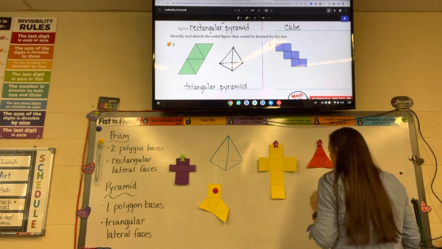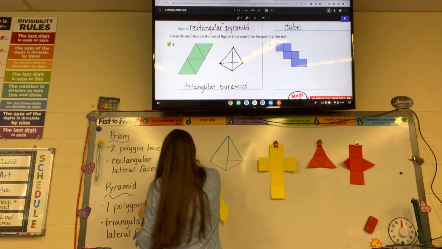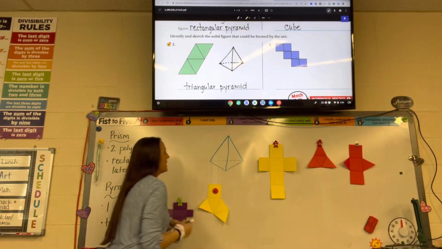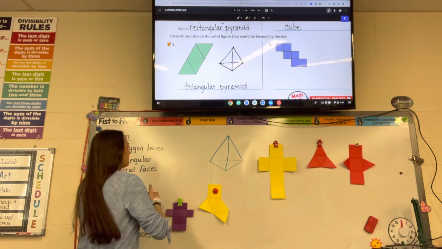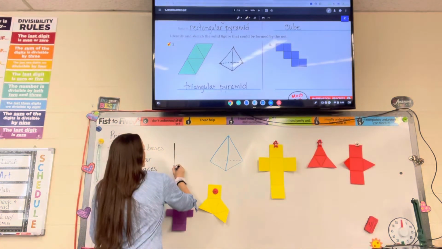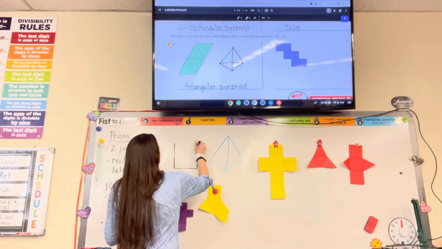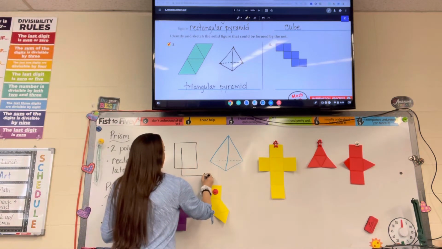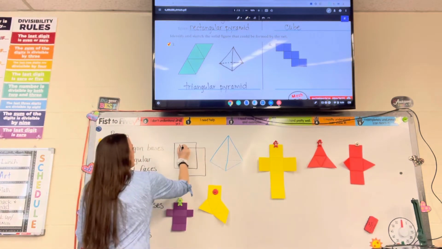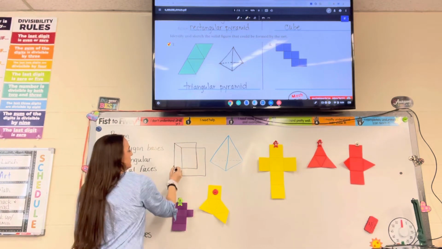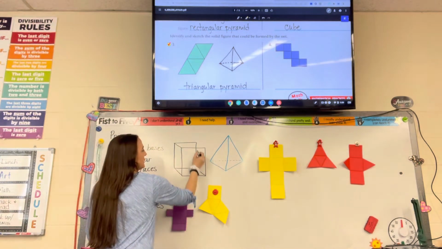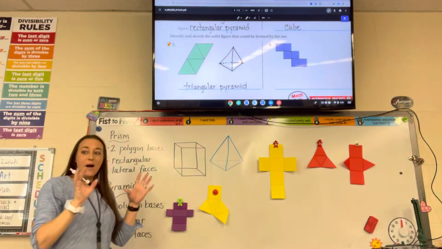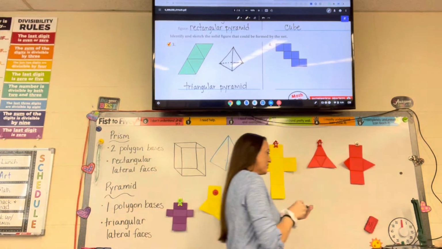Next we have to do a cube, and the kids in Mr. D's class taught me how to draw a cube. So you draw a box or a square, and then another square, and then connect them. I'll show you on here.